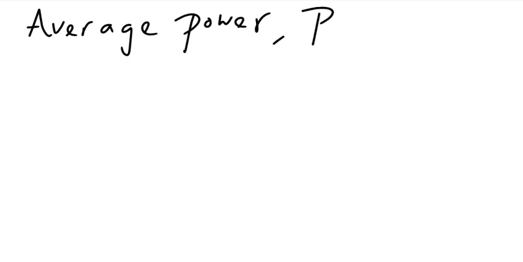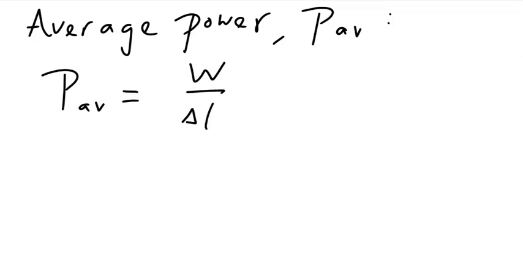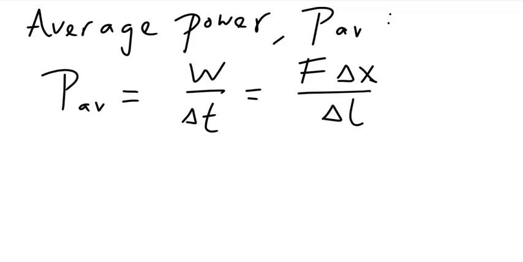There is an alternative form for the power formula that we can derive in terms of force and speed, or velocity rather. So let's look at average power, P_av, and how we can obtain this alternative form for its expression. Now, since we have seen the average power is computed as work over some time interval, and we know from the definition of work that it is simply force times some displacement, say along the x direction, so over delta t.